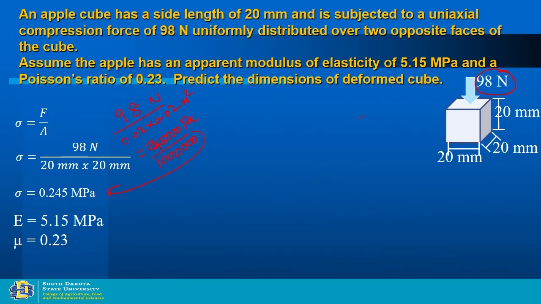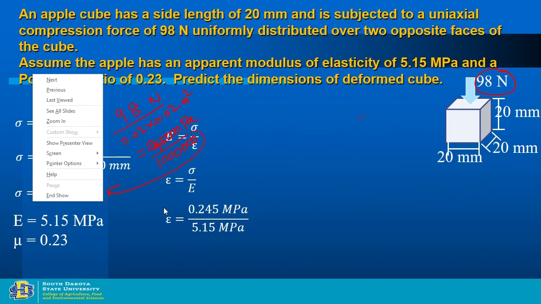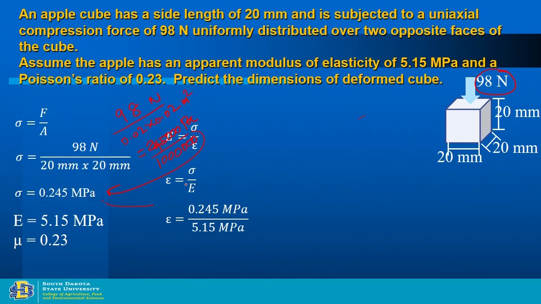Now we have the stress, so we can find the deformation on one side. Elasticity is nothing but stress over strain. So strain is equal to stress over modulus of elasticity. 0.245 is the stress we calculated, divided by the modulus of elasticity, 5.15 megapascal.